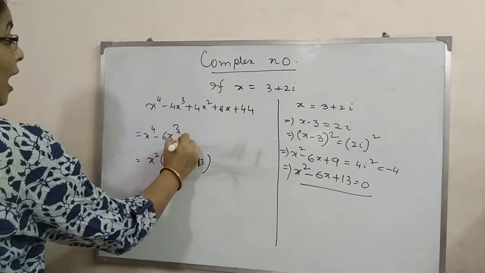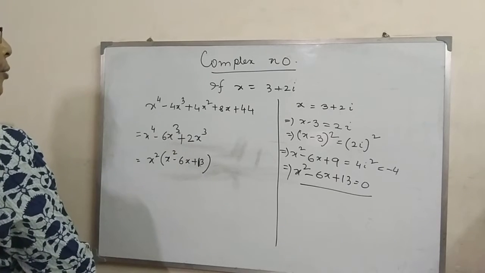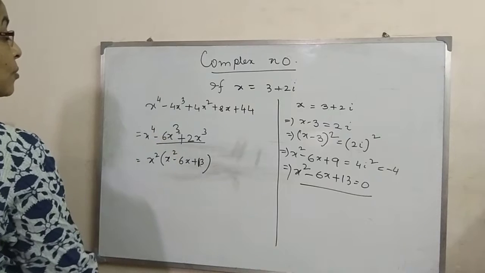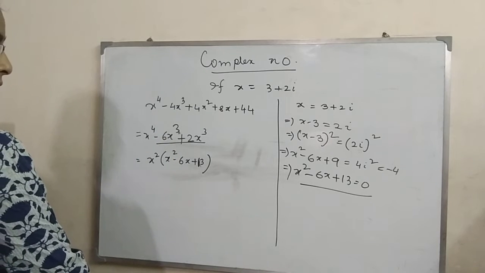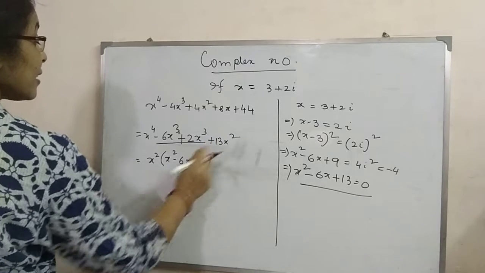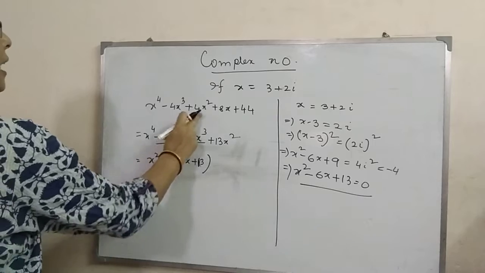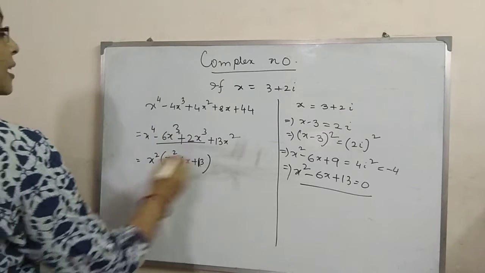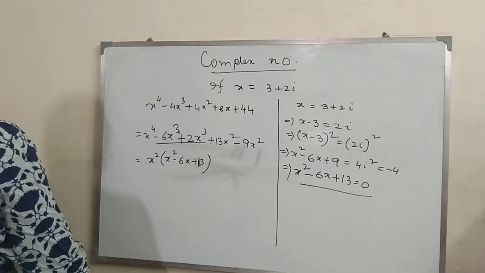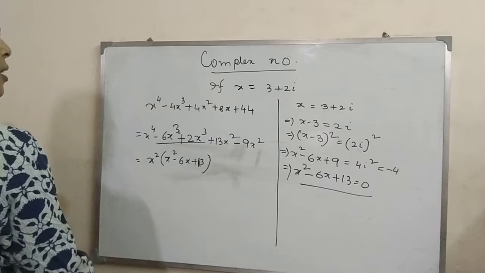So I will take 2x cube, and I will get minus 4x cube. Minus 4x cube is adjusted. After that, 13x square. I have 4x square, that means minus 9x square. 9x square is subtracted from 13x square, so I will get 4x square.